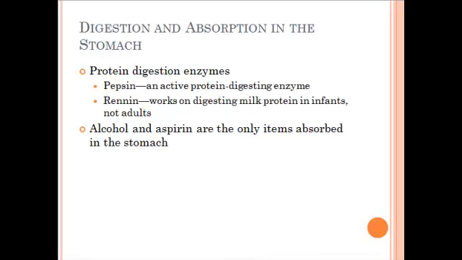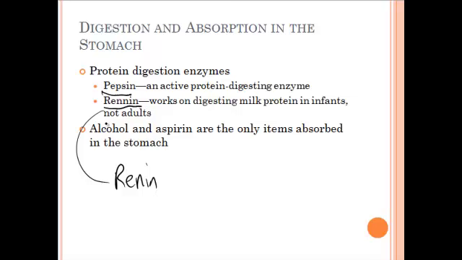The digestive enzymes in the stomach: pepsin we've already talked about, breaking down proteins. There's one other one called renin, and don't confuse this with the other enzyme, renin, which is spelled with just one N instead of two.